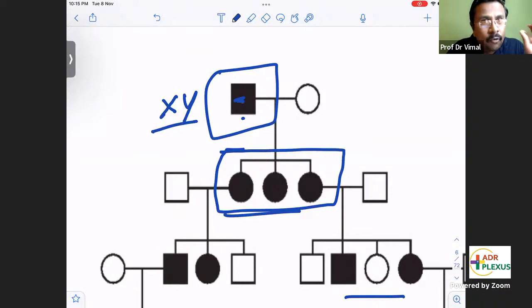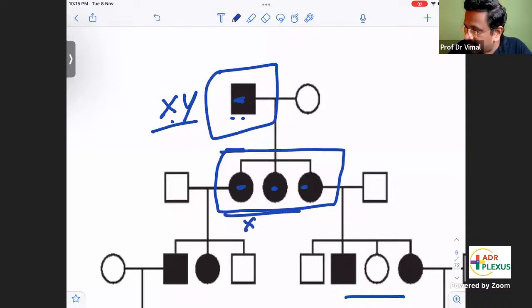Father gives the Y chromosome to his sons, and gives the X chromosome to all the daughters. See, all these three daughters will receive the X chromosome only from the father.